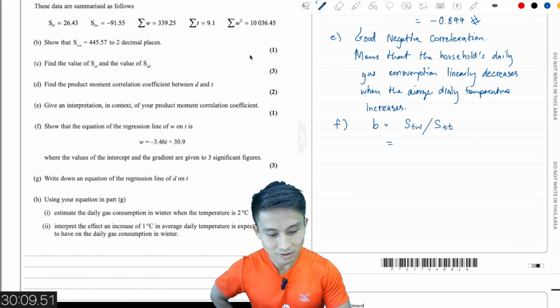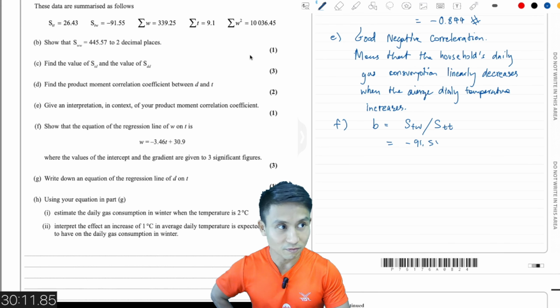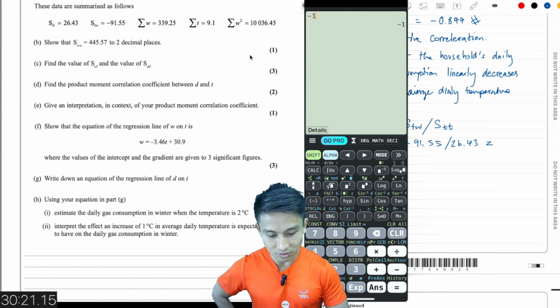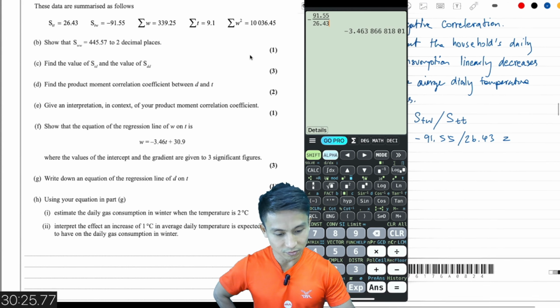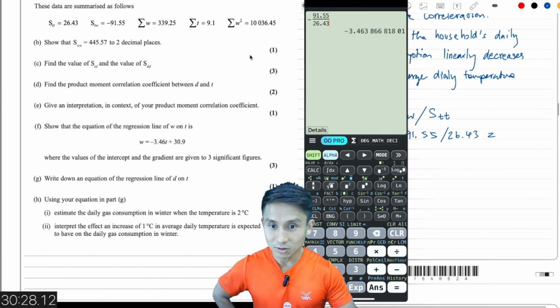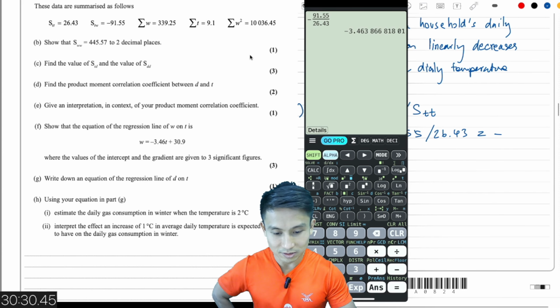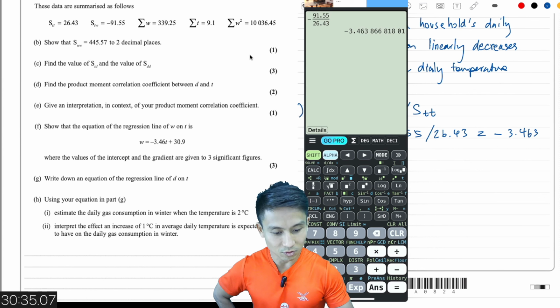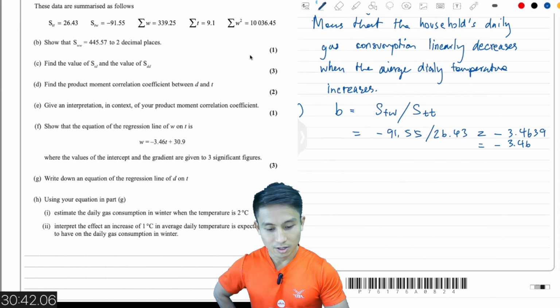STW, minus 91.55, divided by STT, which is 26.43. Let's check the gradient first. Yeah, looks like we have the right gradient there. So this is minus 3.46. I'm just going to write some more digits first, up to 9, and then round that to minus 3.46. And that's the B.